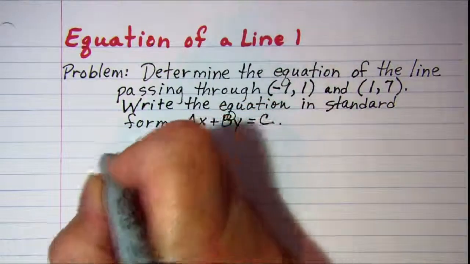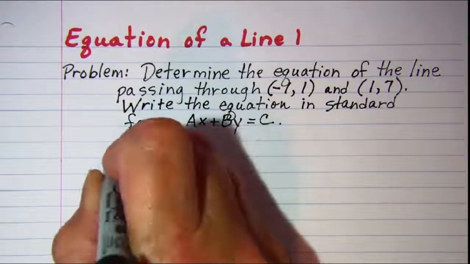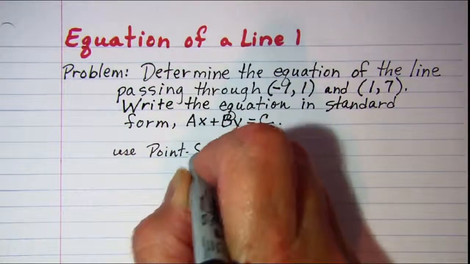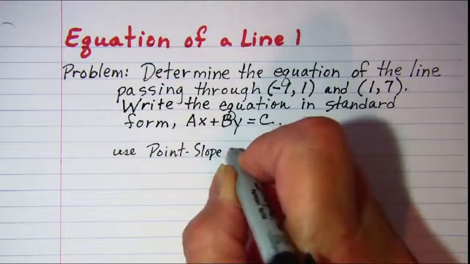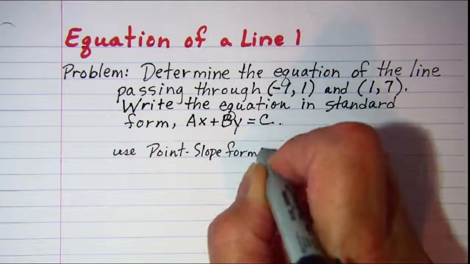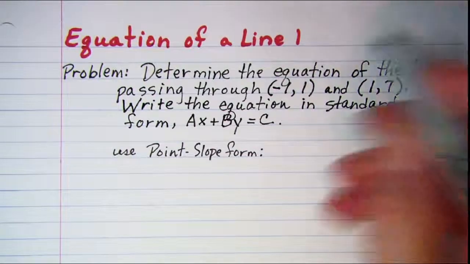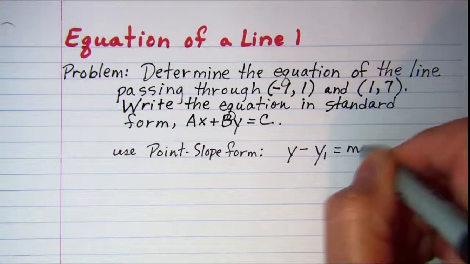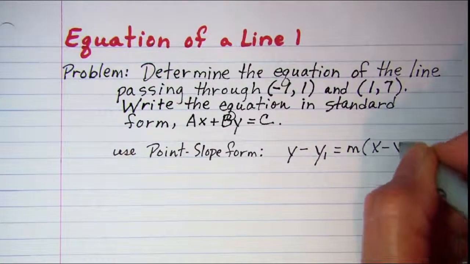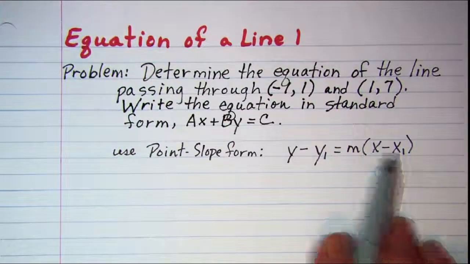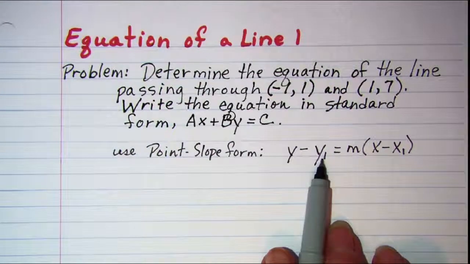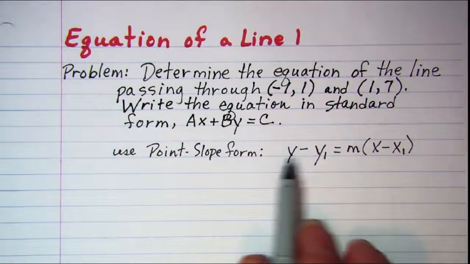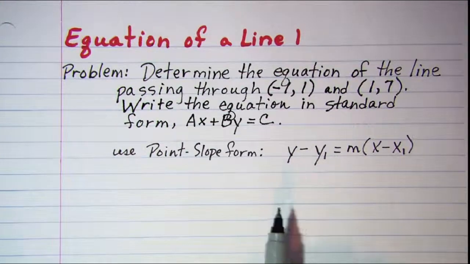Two things that we'll need to use. We will be using the point-slope form of the equation of a line, and that is y - y1 = m(x - x1), where x1 and y1 are the coordinates of a point, m is the slope, and then the plain x and the plain y are the variables for the equation.